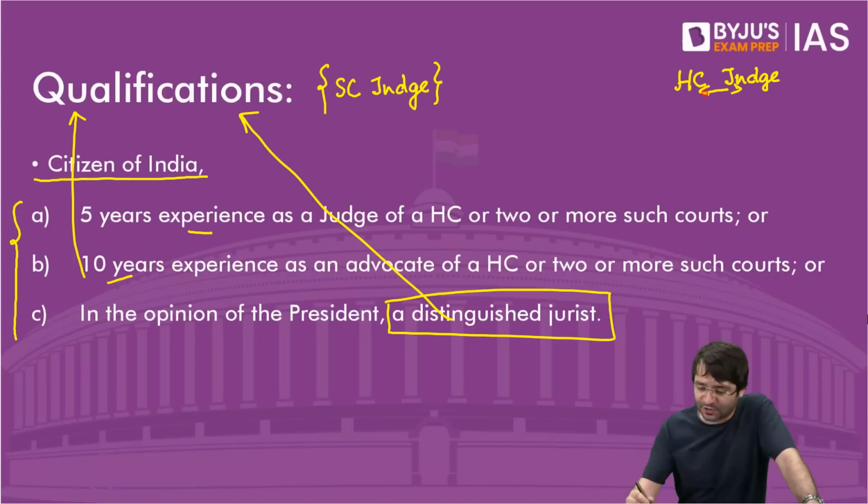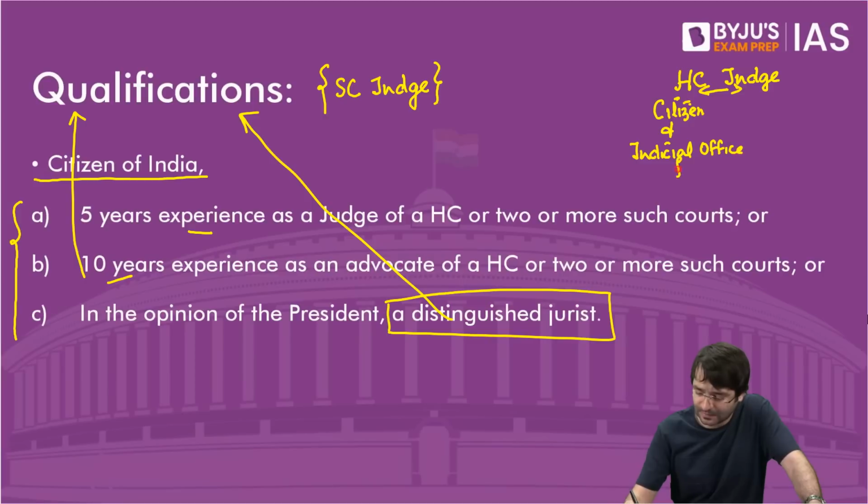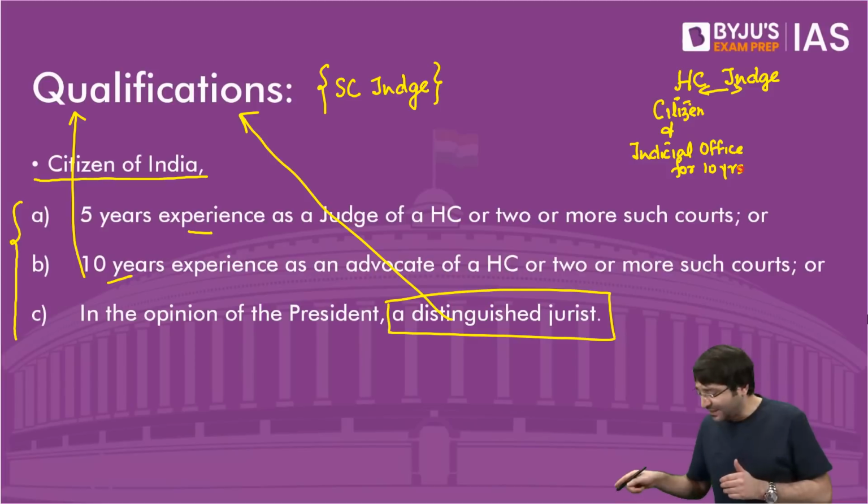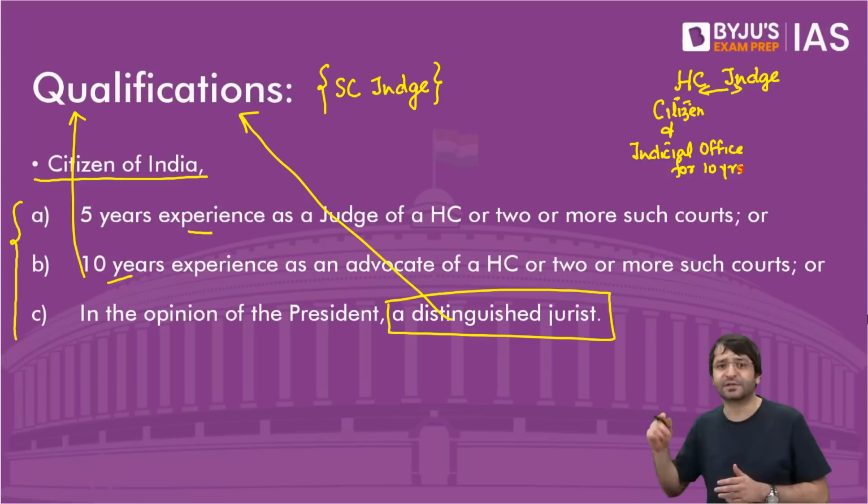If you are a citizen of India and you have been holding judicial office for 10 years. I am a citizen of India, and I am a district judge in one or more district courts for 10 years.